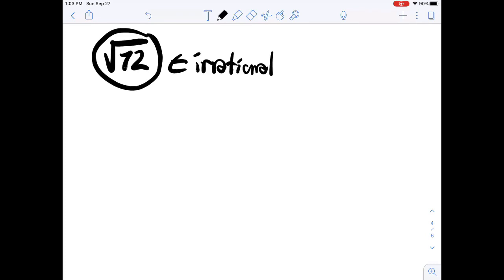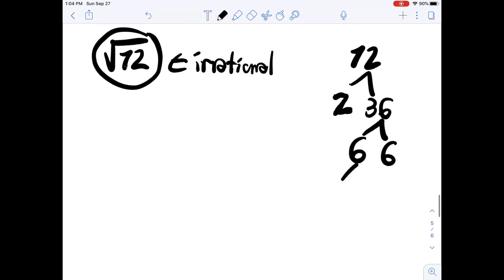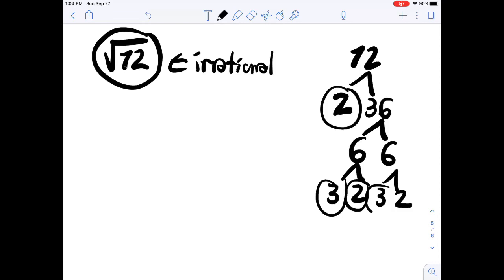So here, 72 is 2 times 36, and then 2 is a prime number, so we don't need to factor it anymore. 36 is 6 times 6, and then on each 6, 3 times 2, and 3 times 2. So these are the prime factors of 72.